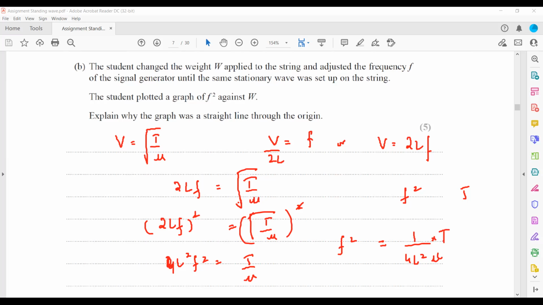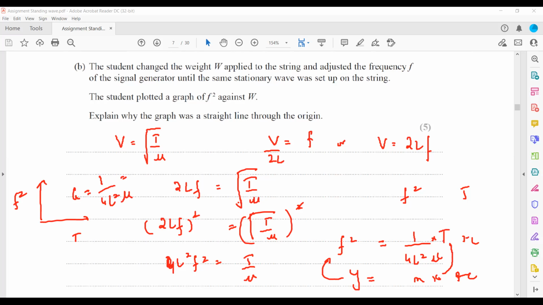So you can see when we compare with the equation of a straight line, y is equal to mx plus c, on the y-axis we have frequency square, and on the x-axis we have T. What will be our gradient? The gradient will be 1 divided by 4L square mu. Length is constant, and mu is constant, so the gradient will be constant.